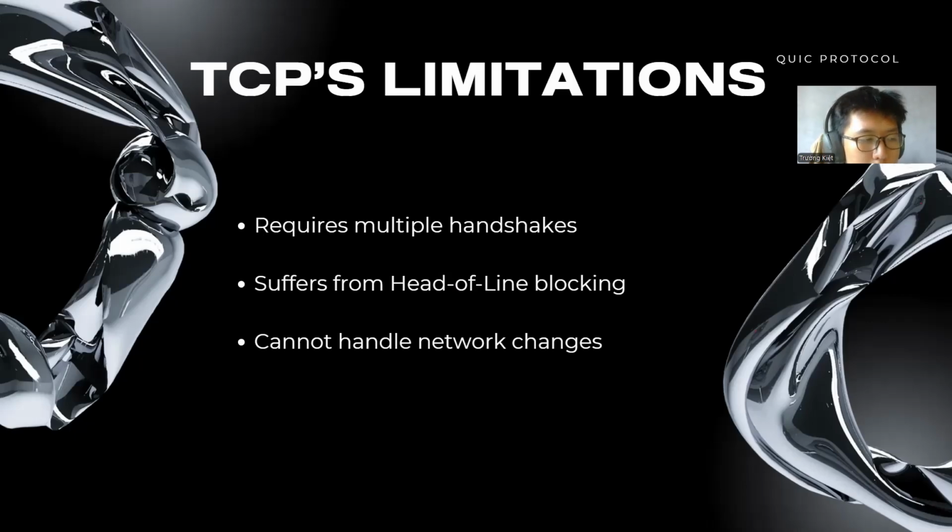This means if one packet is lost, all subsequent packets must wait, even if they're independent. Finally, TCP cannot efficiently handle network changes. For example, if a user switches from Wi-Fi to mobile data, like 4G or 5G, the connection may be interrupted. So these limitations motivated the development of QUIC.